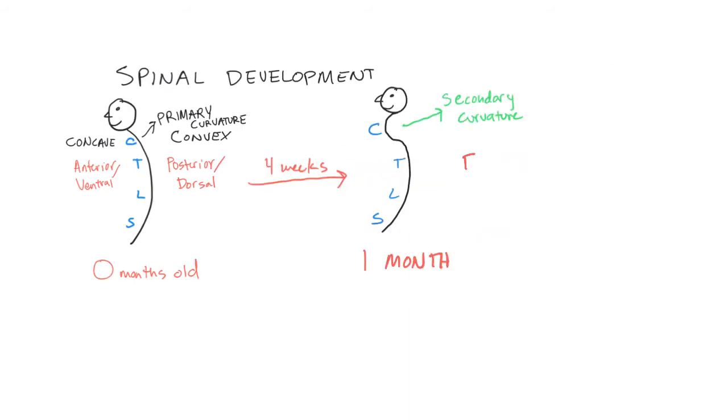So from the posterior end, the secondary curvature is now concave, right? And then the rest is convex. And it would be the opposite if you described it from the anterior end, which you very well could have, right? So it's now convex from the anterior end.